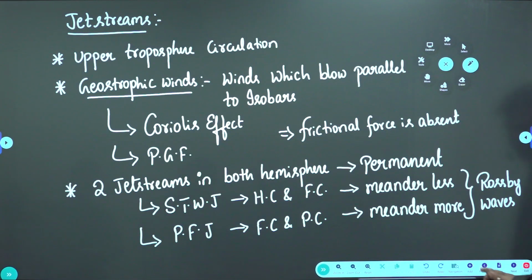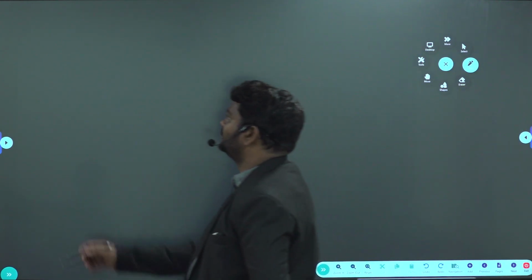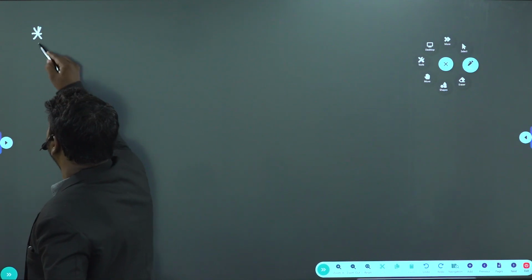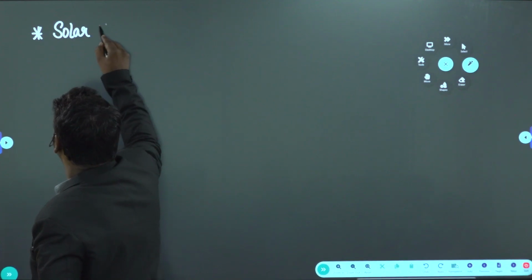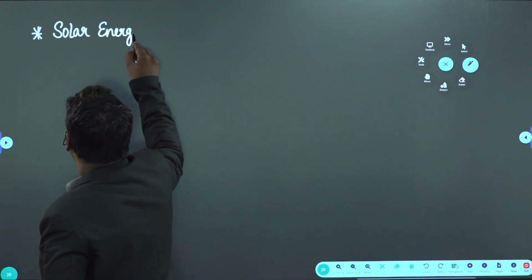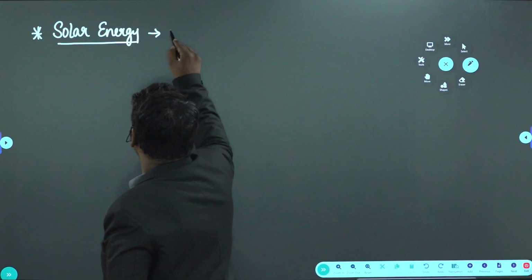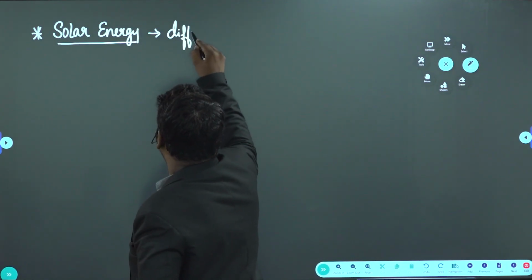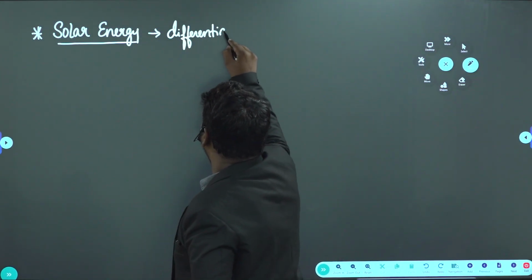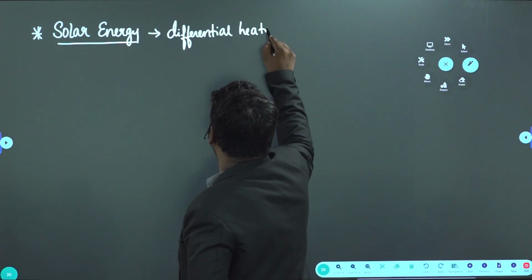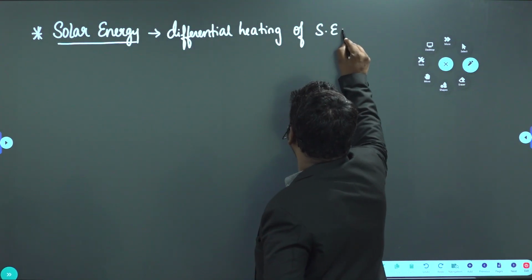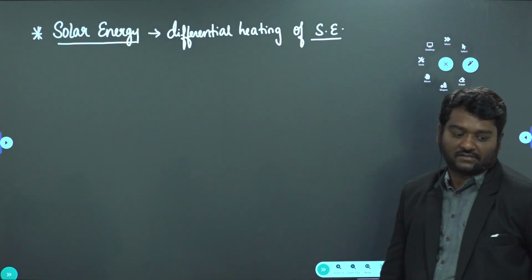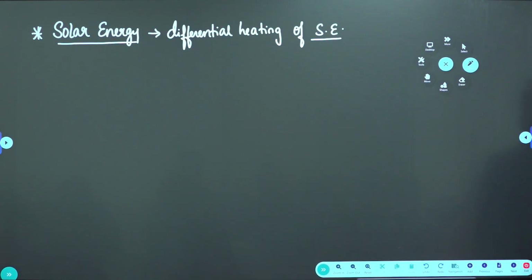Next, what is the reason for jet streams is being asked. One important factor is solar energy, that too differential heating of solar energy. Does the sun heat everywhere the same, or will it be different at the equator and poles? So that leads to cells.